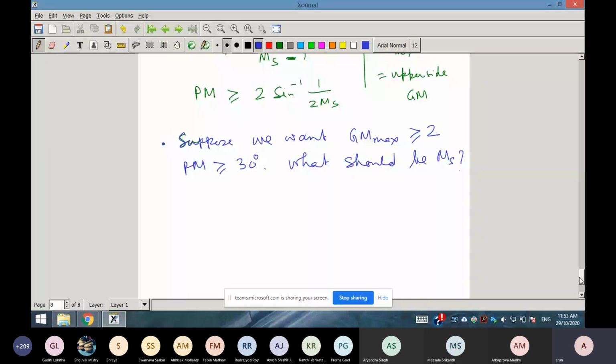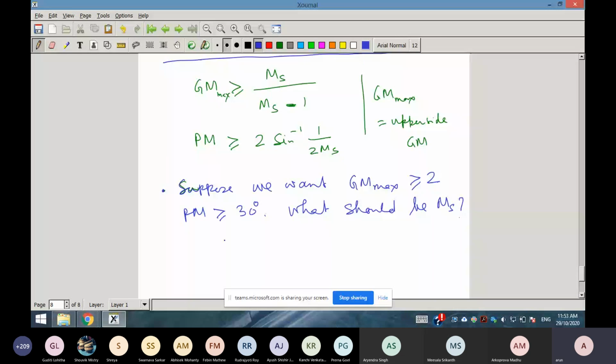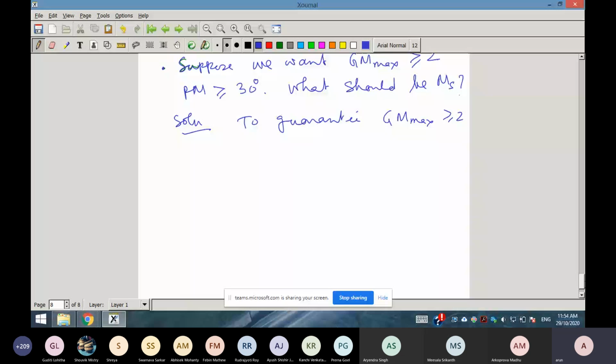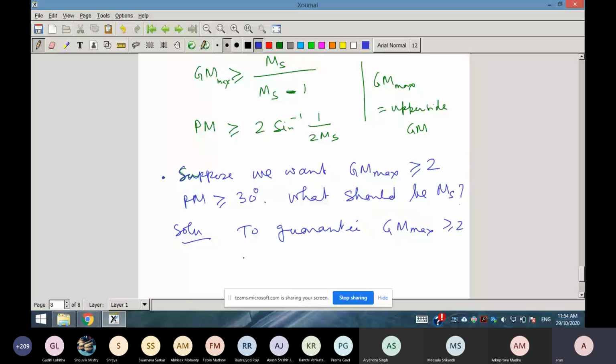So now for this example, for this question, you can easily see what I want. The solution: to guarantee gm max greater than or equal to 2, what I should satisfy is Ms by Ms minus 1 greater than or equal to 2.